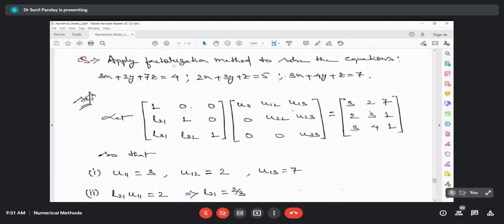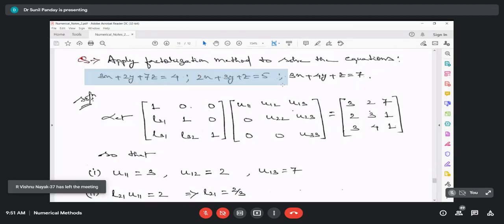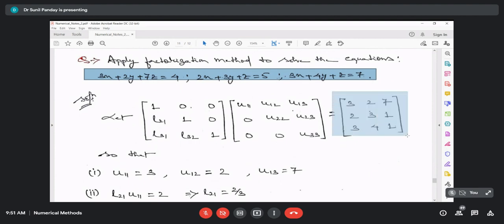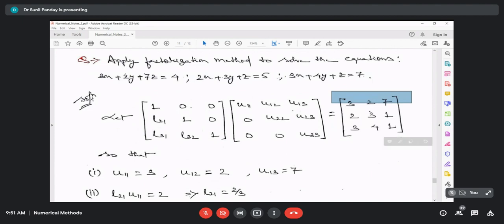So this is our system of equations: 3x plus 2y plus 7z equals this one. This system of equations we have to solve with the help of the factorization method. So here we write the A matrix: 3, 2, 7, 2, 3, 1 and 3, 4, 1.